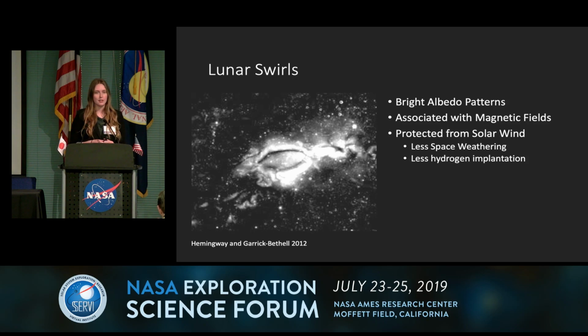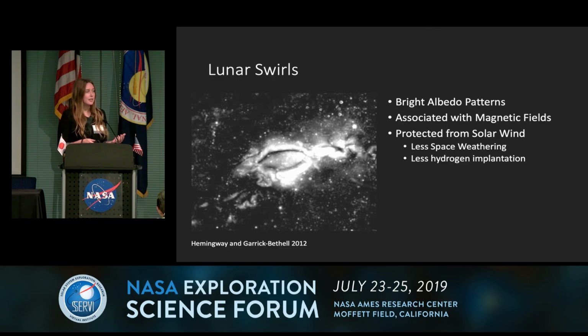So first I want to talk a little bit about lunar swirls themselves. These are bright albedo features on the surface of the moon that are not associated with topography, but they are associated with magnetic fields. But not every magnetic field has a swirl.